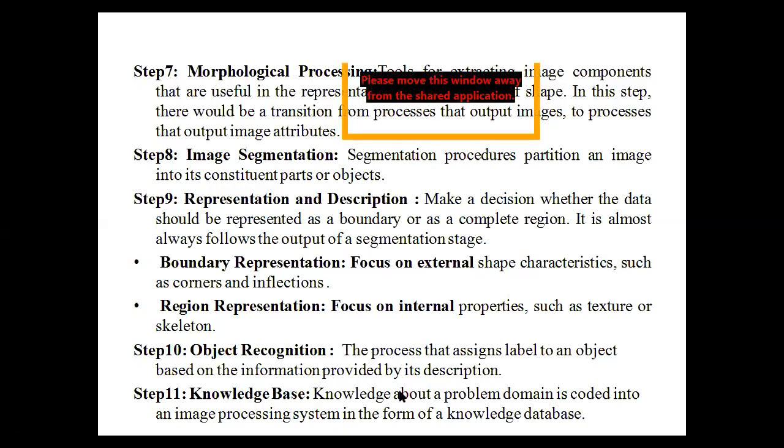That means knowledge about a problem domain is coded into an image processing system in the form of a knowledge database. Here, knowledge base means knowledge about a problem domain.